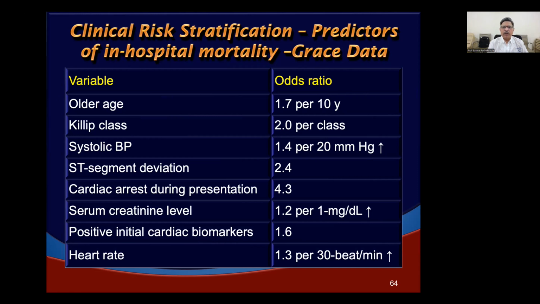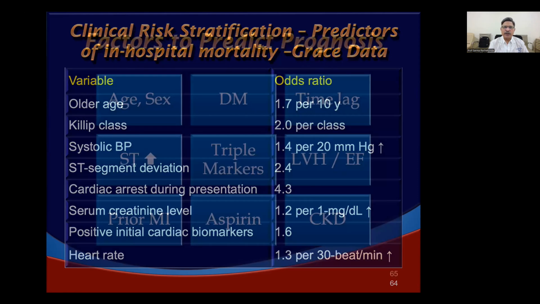Systolic blood pressure, 1 is the odds ratio per every 20 millimeters. ST segment deviation, 2.4. Cardiac arrest during presentation, 4.3 odds ratio. Serum creatinine, 1.2 is the odds ratio for every 1 milligram increase in the serum creatinine. Positive initial cardiac biomarkers, 1.6 odds ratio. Heart rate, every 30 beats, 1.3 times. So this is how you have to make the risk assessment.